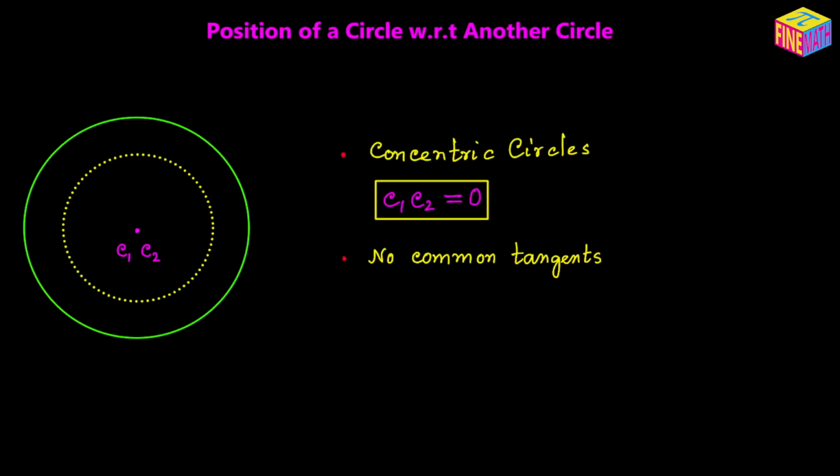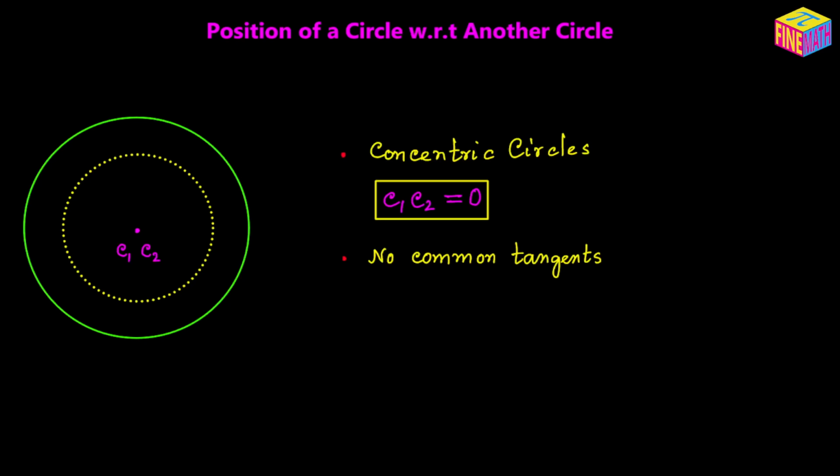So if you are given the equations of two circles, and there you see the centers of the two circles are located at the same point, then you know they are concentric circles. And in that case, there will be no common tangents, and the distance between the centers obviously will be 0.